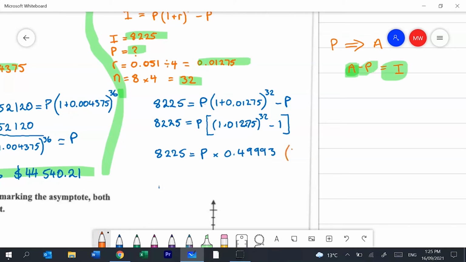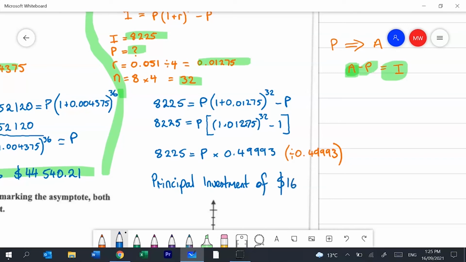So I'll get rid of that by dividing both sides by 0.49993, and I will have a principal investment of $16,452.30. And that's my final answer.